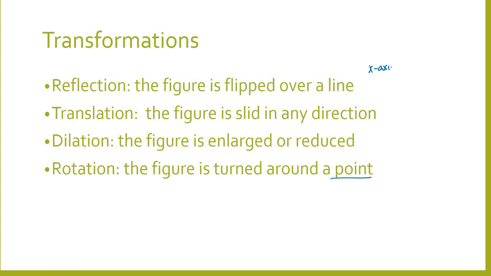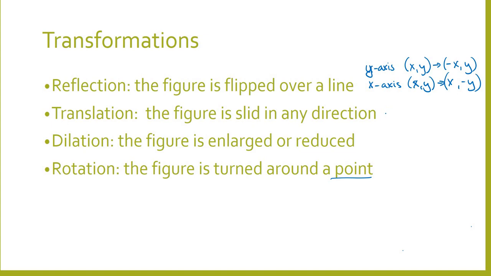Our x-axis reflection is that (x, y) goes to the, I'm sorry, I misspoke again. Y-axis reflection: (x, y) to the opposite of x, y. And our x-axis reflection goes from (x, y) to x, comma, the opposite of y.